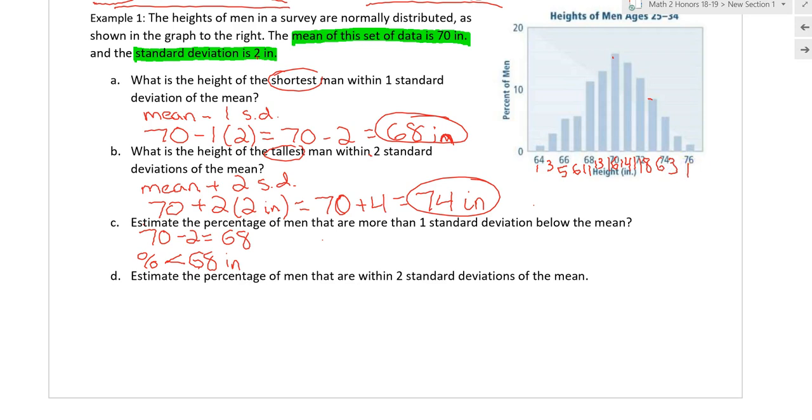Alright, so basically underneath I just wrote how many, putting commas between them. I just wrote how many people were in each box. So I'm going to look at my total. 1 plus 3 plus 5 plus 6 plus 11 plus 13 plus 16 plus 14 plus 11.